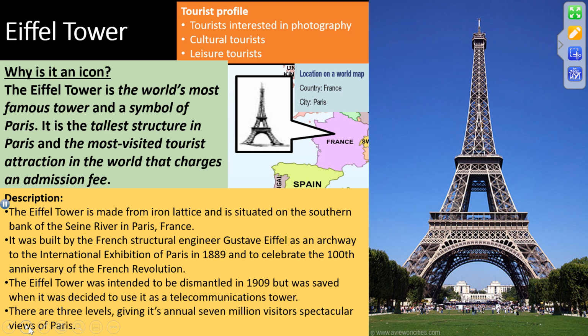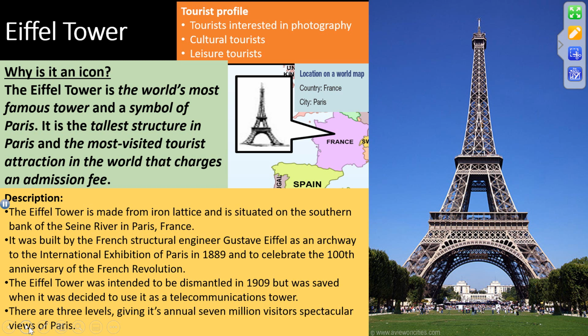If we take a look at the image on your right-hand side, right at the top of the Eiffel Tower, you will see some telecommunication equipment. There are 3 levels, and the Eiffel Tower receives approximately 7 million visitors per year, and you can imagine the most spectacular view that visitors going up the tower will have of Paris.